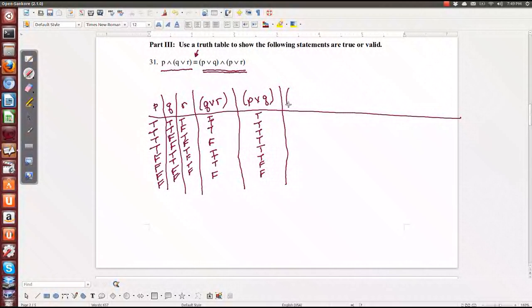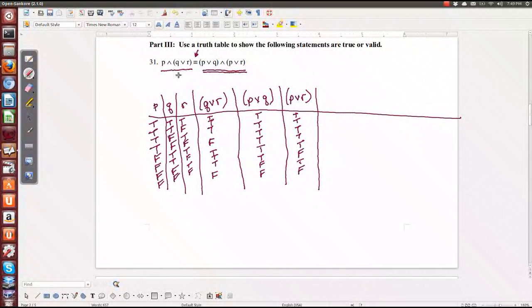And when I do P disjunction R, that's only going to be false in the 6th and 8th row. So that takes care of all of our parentheses.